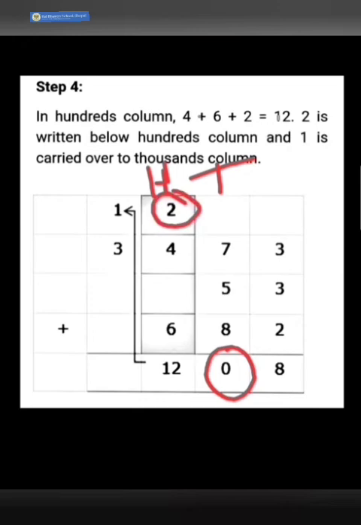Now along with the carryover, which is 2, 4 and 6 will be added together. So 2 plus 4 plus 6 gives you a 12. From this 12, 2 will be written below the hundreds column and 1 will be taken to the neighbor thousands column as a carryover.